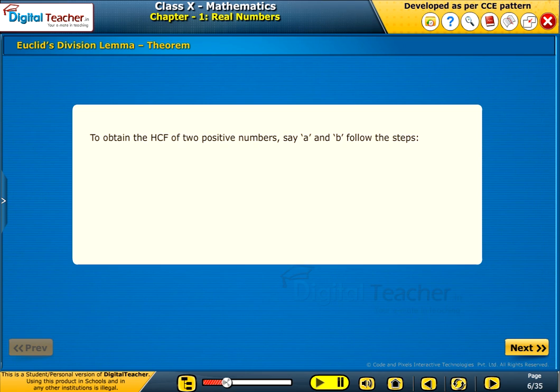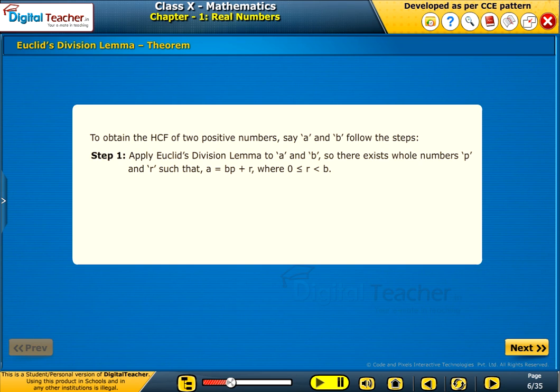To obtain the HCF of two positive numbers, say a and b, follow these steps. Step 1. Apply Euclid's division lemma to a and b, so there exist whole numbers p and r such that a is equal to bp plus r, where 0 is less than or equal to r is less than b.